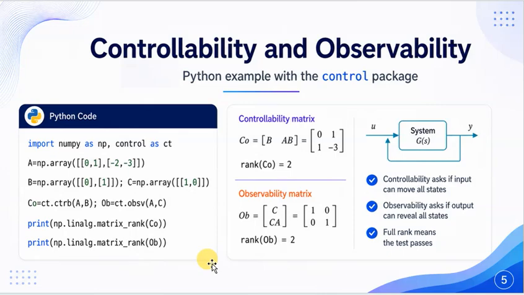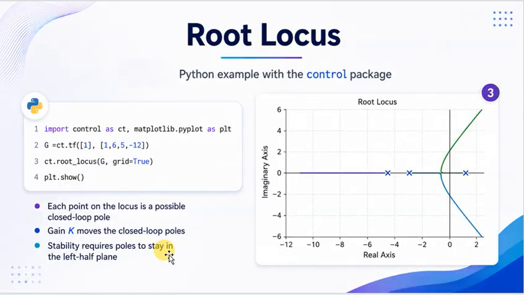And here I only show an example for controllability and observability and how we perform it within Python using the control package. And this is how to draw the root locus using the control package as well.